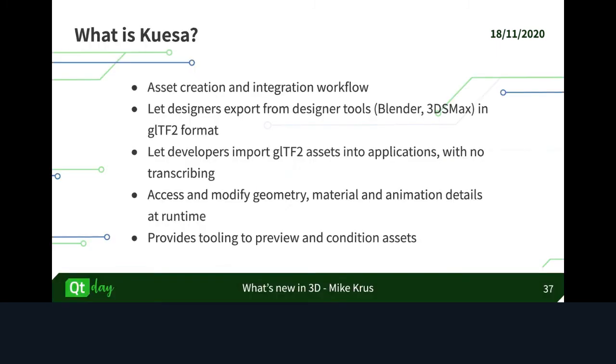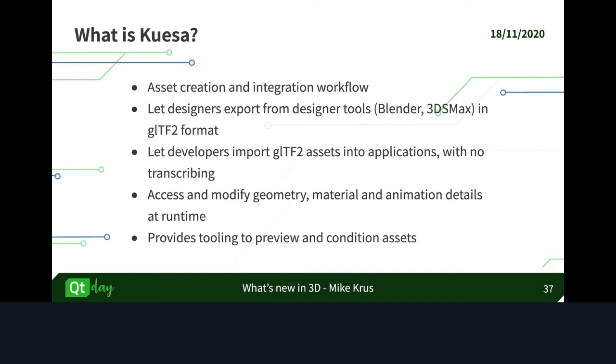What it is, basically, is a workflow for integrating assets between the creation tools. So think Blender, 3D Studio Max, Maya, the kind of tools that your designers will work with, and integrate the results of all that in your applications.